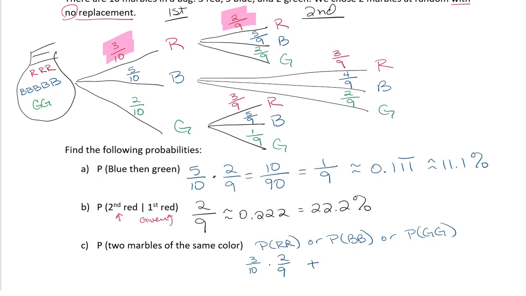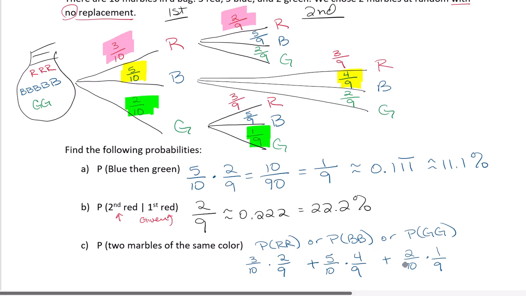Remember, or is plus. Then we're looking at the probability of the first one being blue, and then the second one being blue. So that would be 5 out of 10 times 4 out of 9. The probability that it's green and green, we have those 2 possibilities, which would give us 2/10 times 1/9.